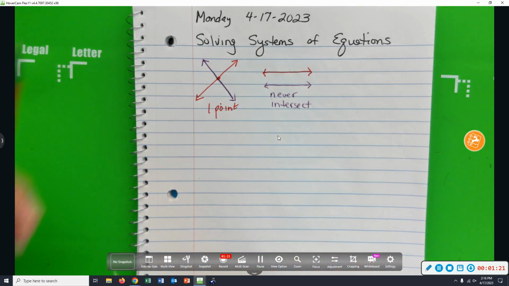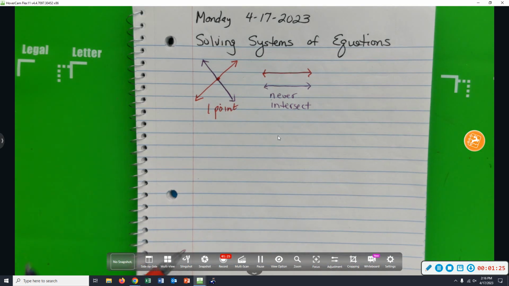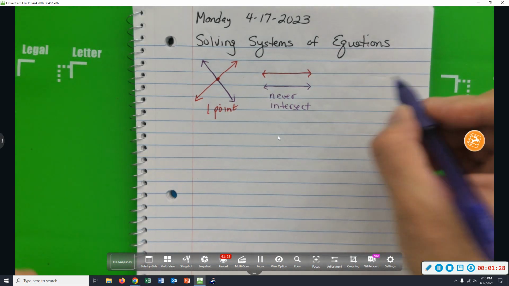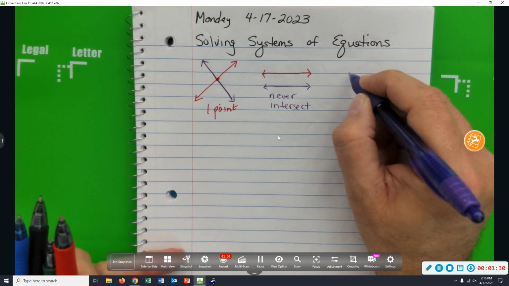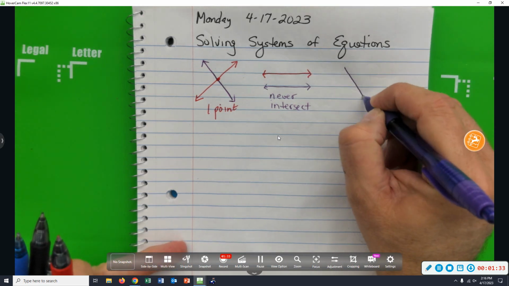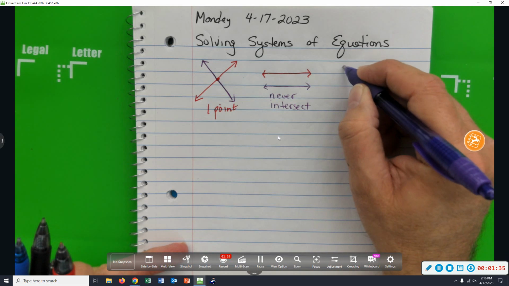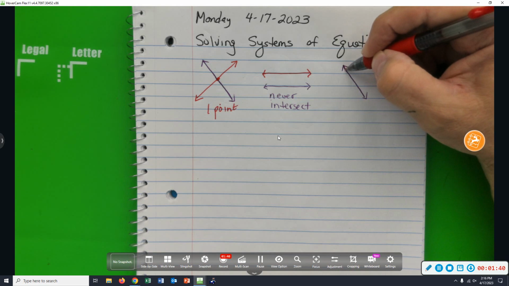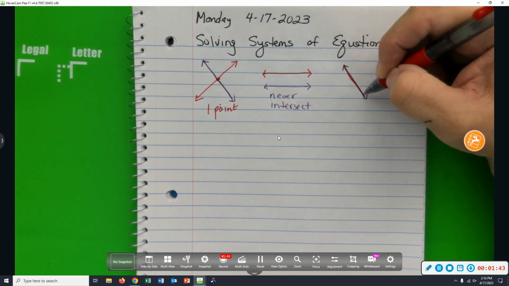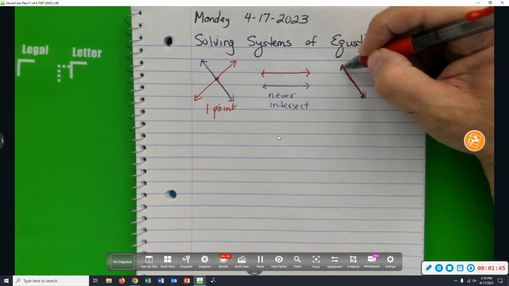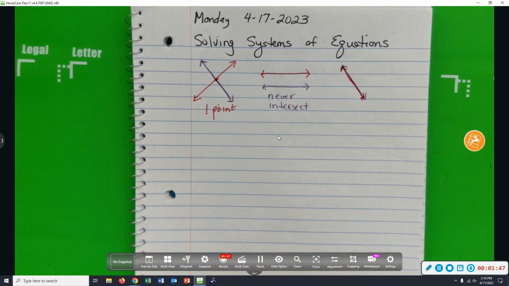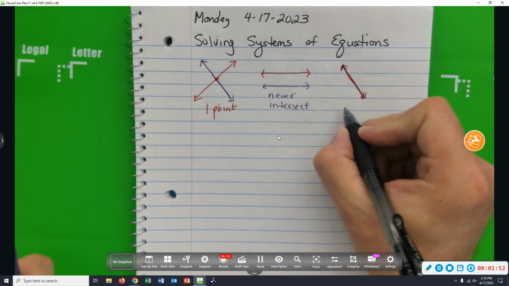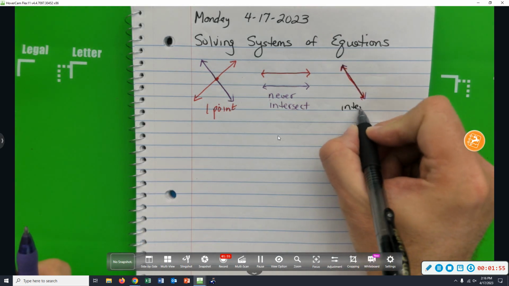And then there's one other possibility that people don't think about. If you had a blue line, a purple line, and then when you drew your second line, it was right on top of it, then it intersects at every point.